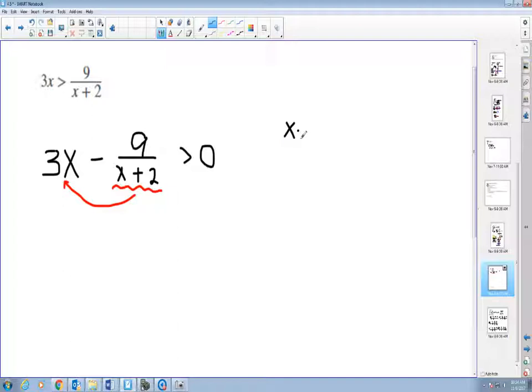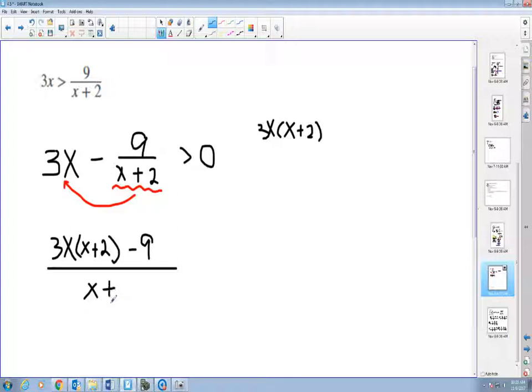What's x plus 2 times 3x? Okay, I'm gonna write it out, okay? So that means that's 3x times x plus 2 minus my numerator, 9, over the denominator is still going to be what? X plus 2. Okay, a little ancient Chinese secret.